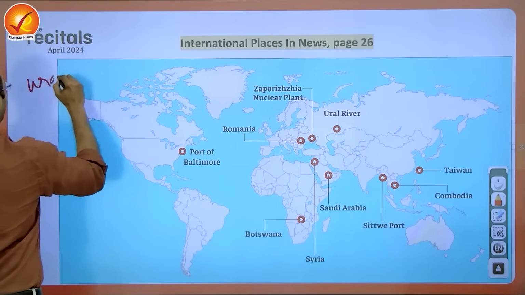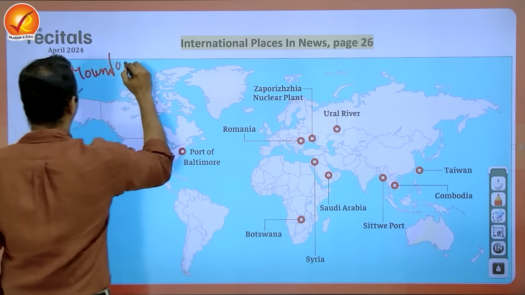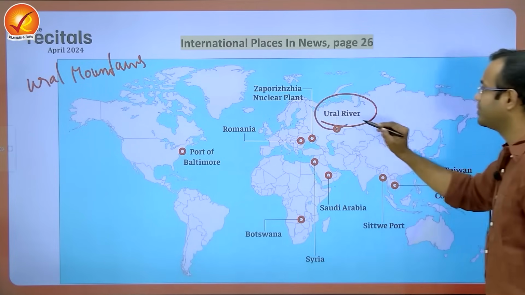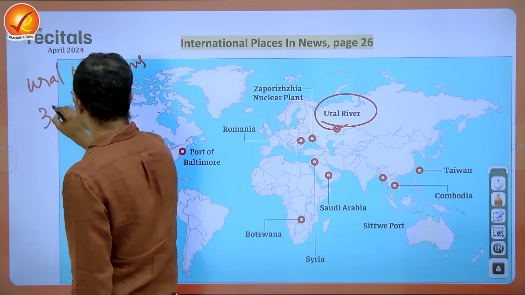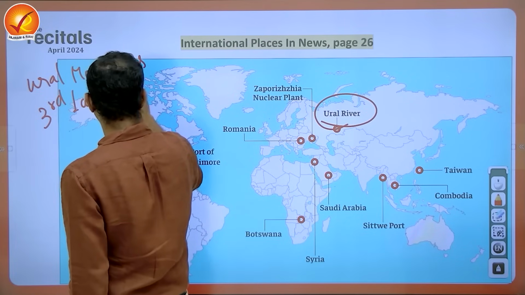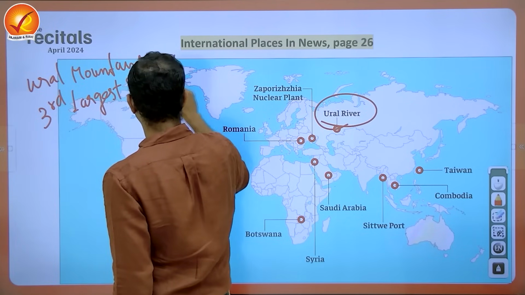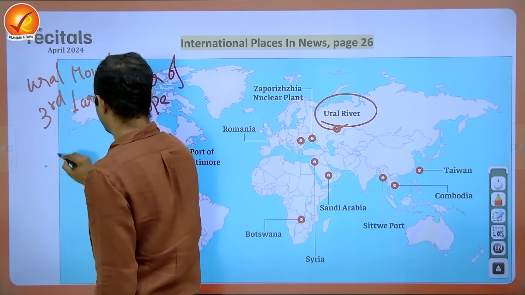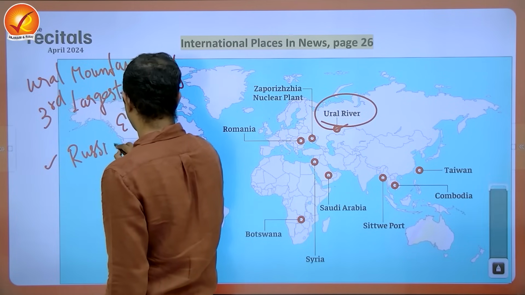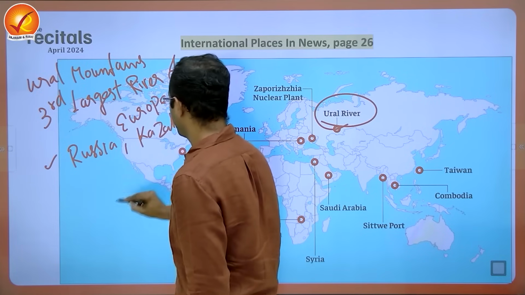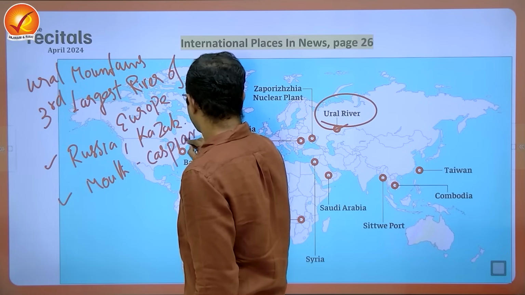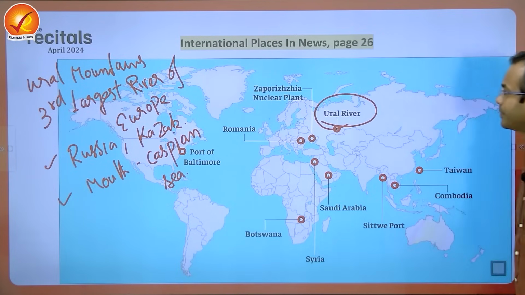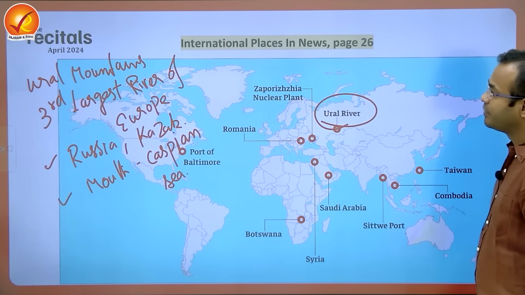Ural River originates from the Ural Mountains.